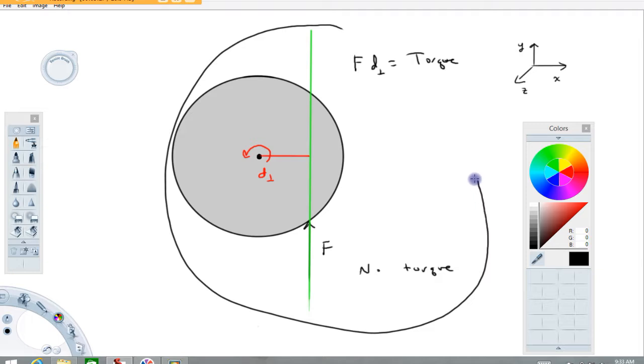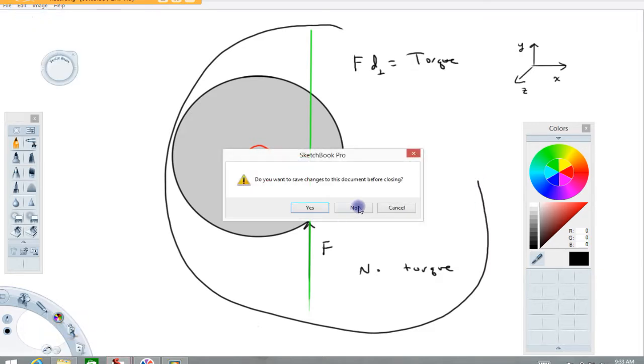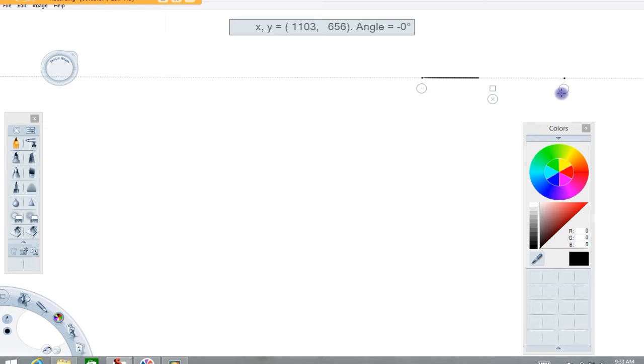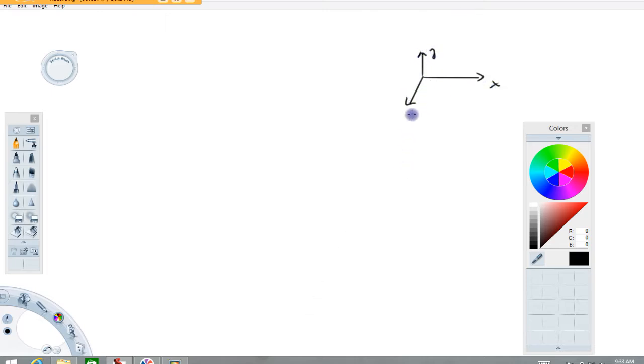So we'll just start out new here. I'm going to put a coordinate system here so we can discuss directions as needed. All right, so we've got an x, y, z coordinate system.